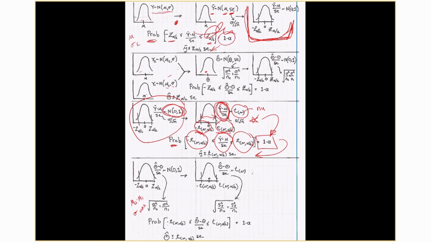And finally, we come down to the most complicated but the most realistic scenario, where what we're interested in doing is getting a 95% confidence interval on our estimate of the difference between two population means when sigma, the standard deviation of the populations, is the same for both populations, but it's unknown.